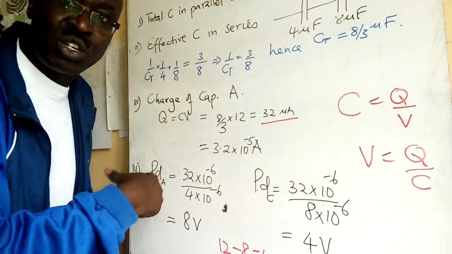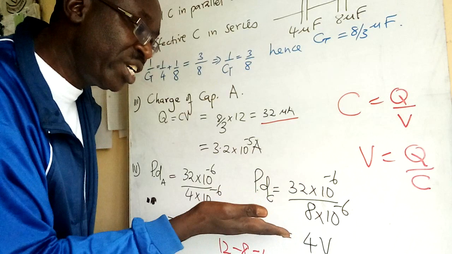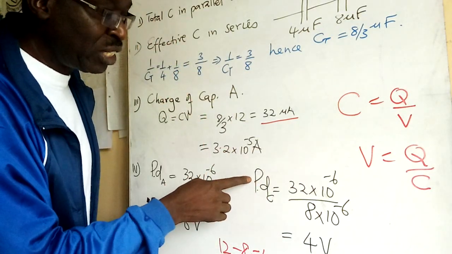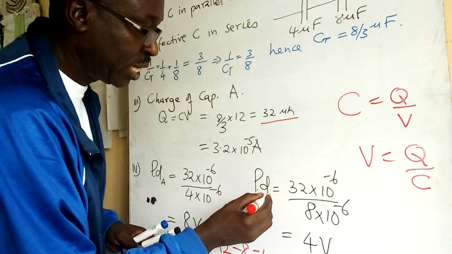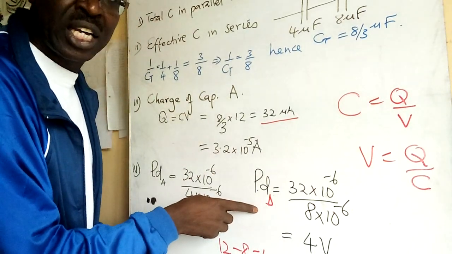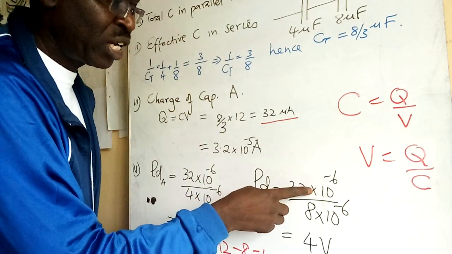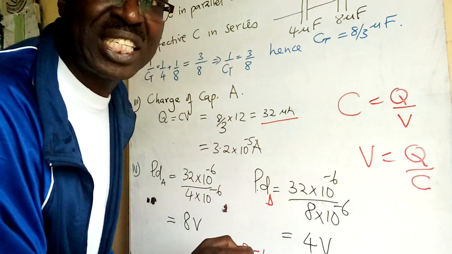But we want to do it. We want to enjoy it. So what is the PD across D? It is 32 times 10 to the power -6, that is charge, divided by capacitance.